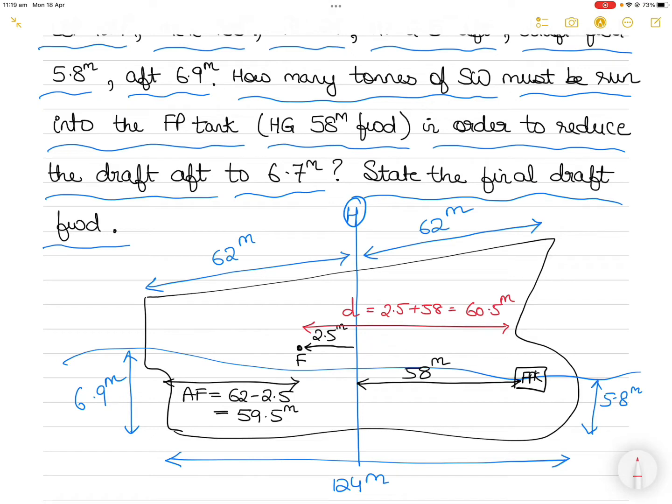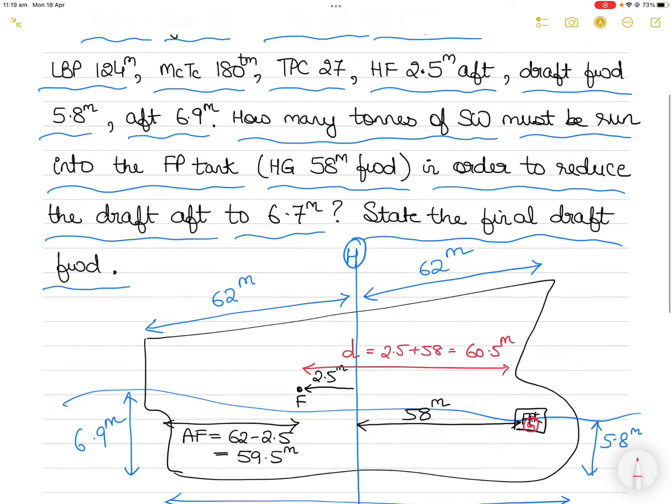That is the distance we are interested in. Do not get distracted by the distance HG, which is from midship to the center of gravity of the tank. When it comes to trim, we are concerned with distances from the center of flotation, because that is what affects the trim.